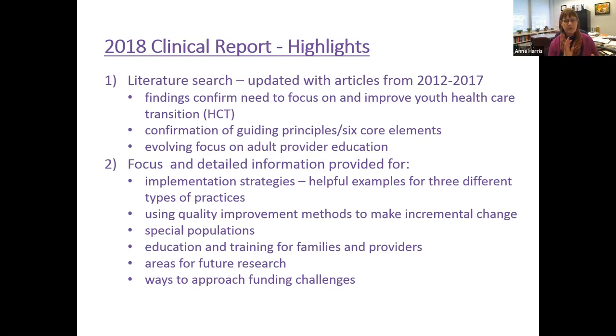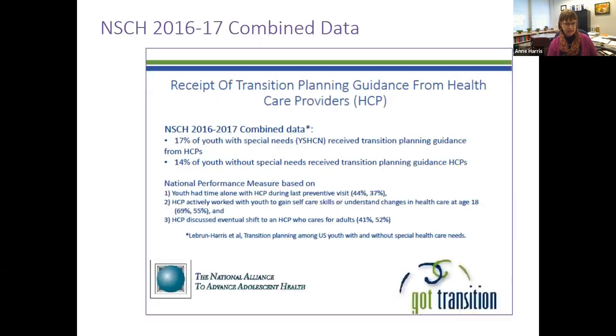So those are the highlights, and we're going to go into just a few details from the report. One of them is this slide on the combined data from the National Survey of Child Health. One of the surprising things was that they've changed the way they're measuring successful transitions.